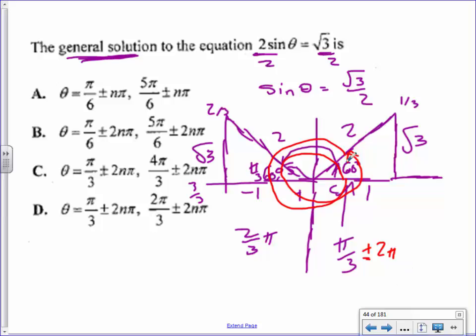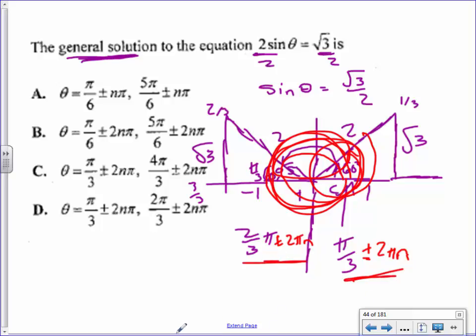Could I go around the circle more than once? So that means that we throw an n there, implying that we don't know how many times we're going around the circle. And really, that same logic applies to this one right here. You have an answer of 2/3 of pi, but you could go around the circle an unlimited number of times, and you'd end up in the same spot. These are known as general solutions. So our answer is D.